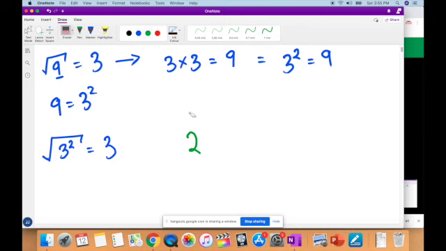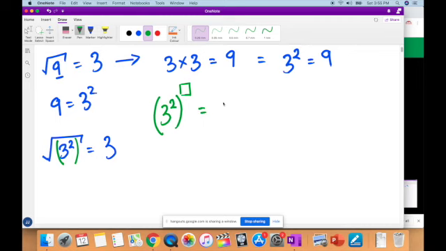Alright, just now, before we get to that question. So we have the square root here of this entire number. This whole number here, 3 squared, the whole thing is being square rooted, right? So I could say that is 3 squared in brackets to some power.